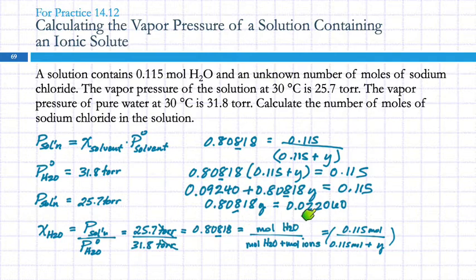So now we're going to take this value and divide by that value. We get 0.27296.